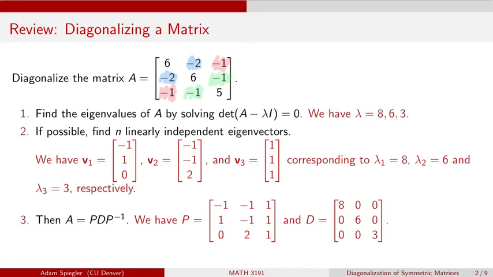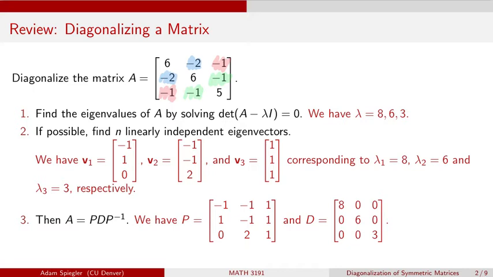And the last column of P was an eigenvector for our last eigenvalue of 3. In the Colab document linked below, you can check that when I take P times D times the inverse of P, and this is an invertible matrix because all 3 of these vectors are linearly independent from each other, we get back the matrix A that we started with.